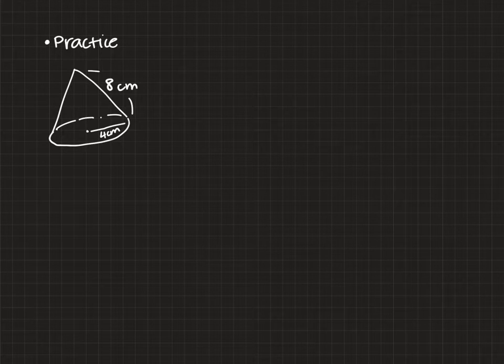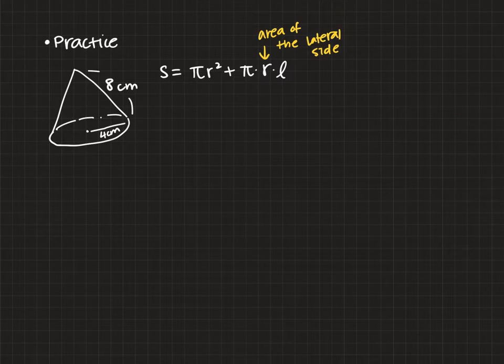Let's go ahead and have another practice question. Let's say we have a cone with a radius of 4 centimeters and a slant height of 8 centimeters. First, I'm going to rewrite the surface area formula, pi times radius squared plus pi times r times L, and then I will plug in the numbers that I have here.